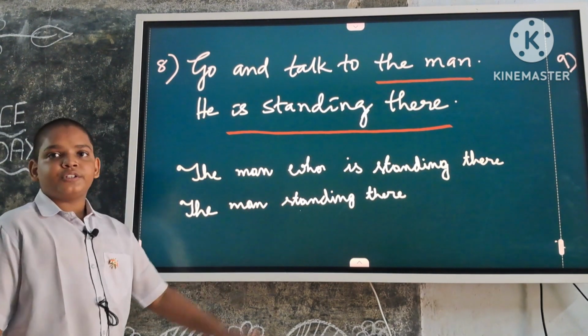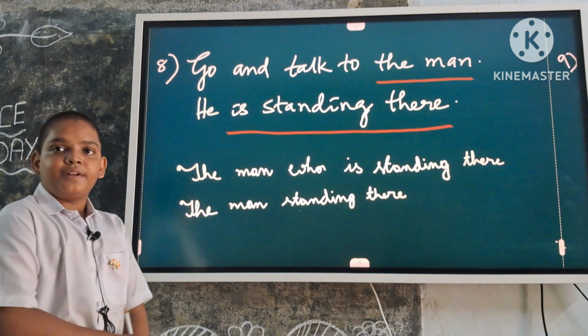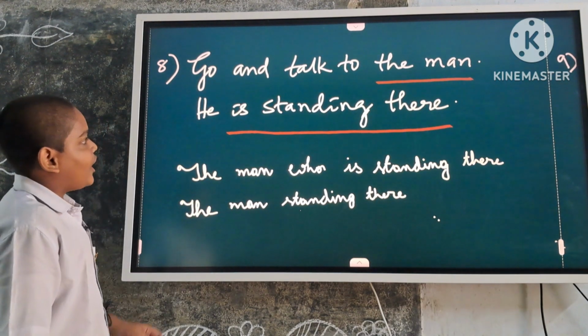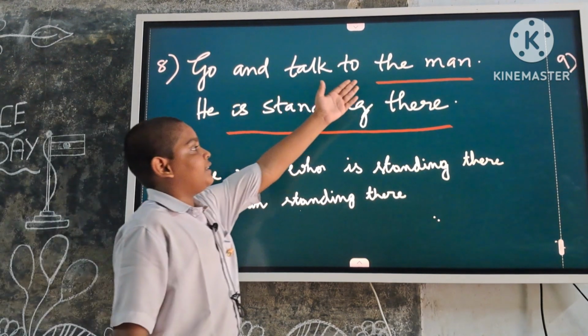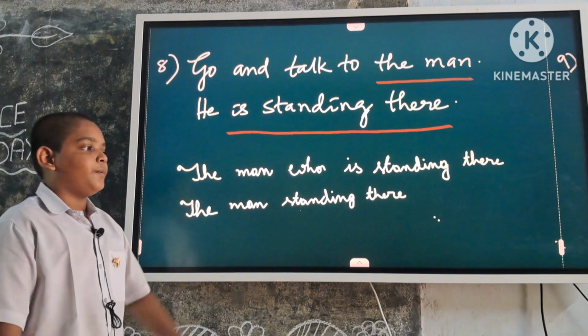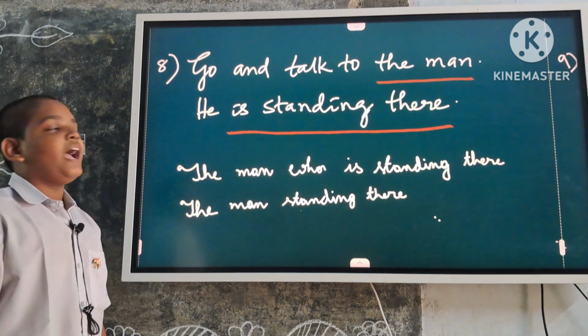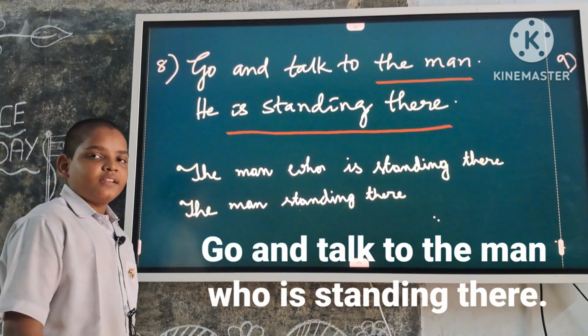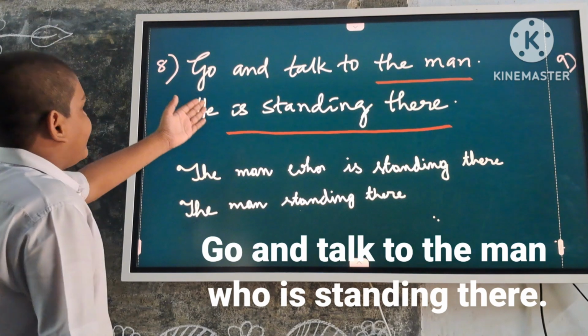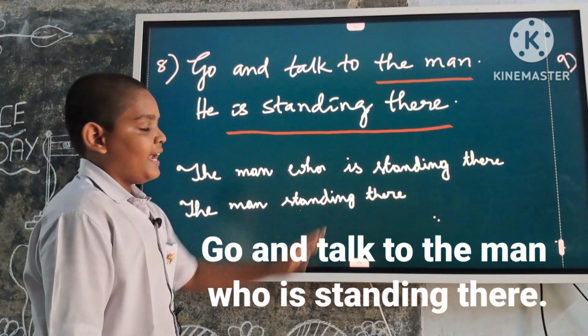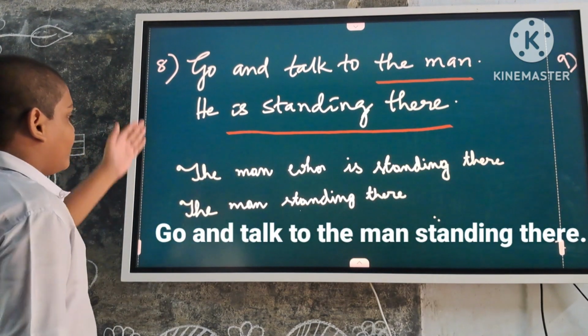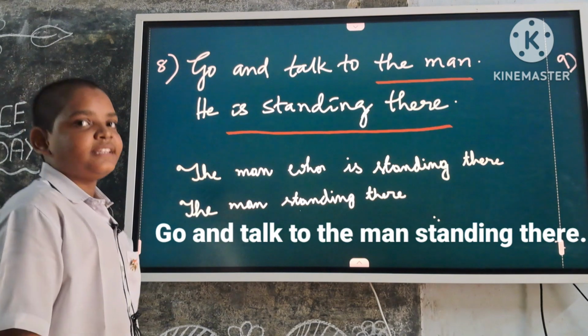Standing there is post modifier present participle phrase. Now replace the previous noun phrase with this newly formed noun phrases. We get the answers. Now the answers are: go and talk to the man who is standing there, or go and talk to the man standing there.